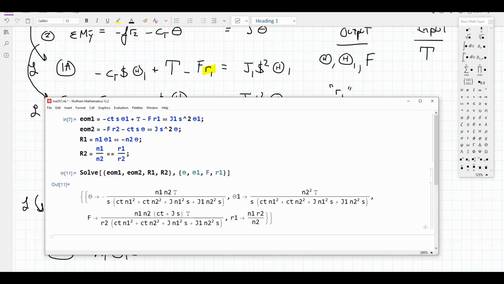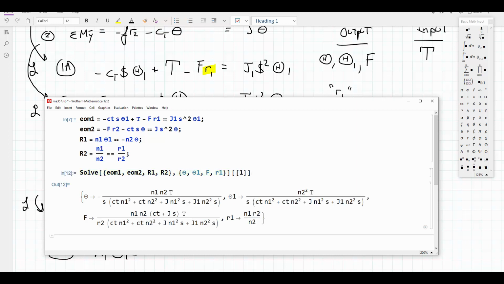So going through this solve step, let me get rid of the double list here. I get theta, theta 1, F, and R1. So R1 is really not a transfer function. We see no s's there. It's really just re-giving us R2, just written in a different way. But if you notice, what do we have going on here?